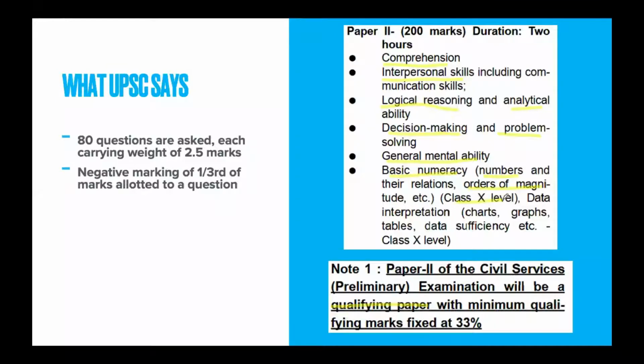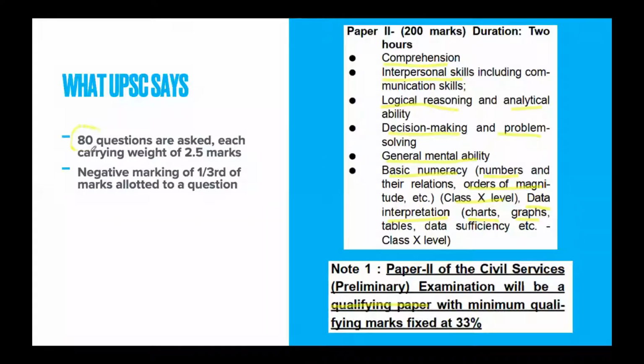It is very notable that they are not going to ask any calculus based things which belong to plus 10 levels. Then data interpretation, which is very important, especially given the kind of questions UPSC has asked in the previous years.